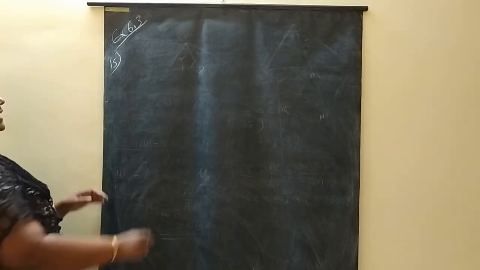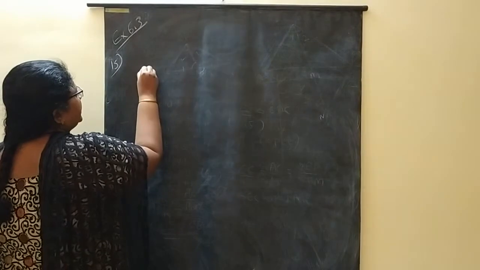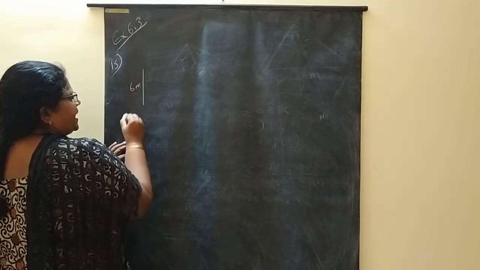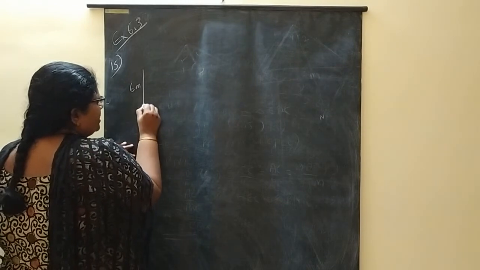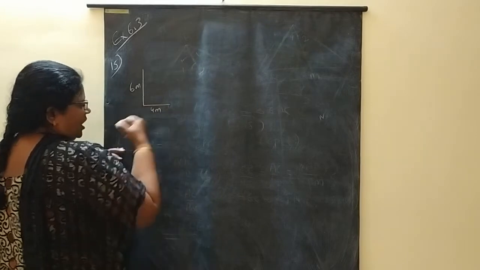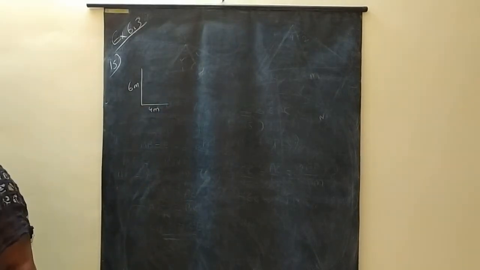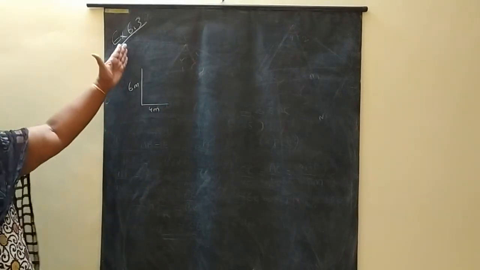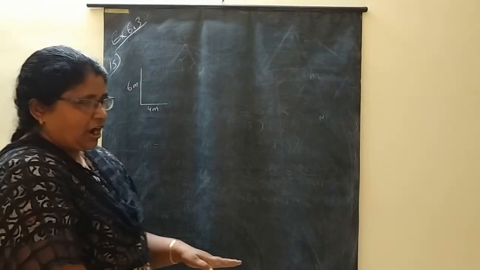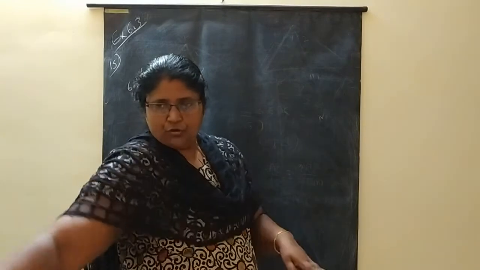So a vertical pole. This is the vertical pole of 6 meter height. It casts a shadow, and the shadow will fall on the ground, 4 meter length. Understood? If we stand like this, our shadow is falling on the floor only.